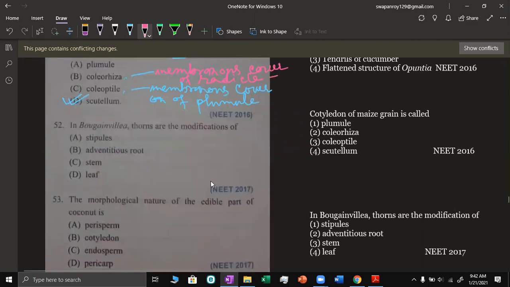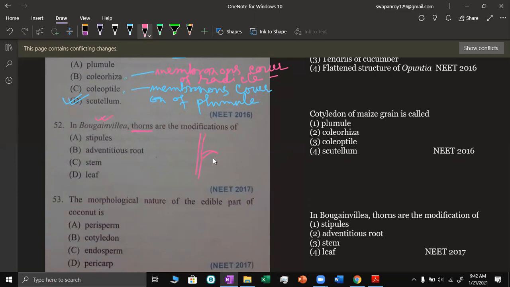Next question. In bougainvillea, the thorns are a modification of, remember, thorns are a modification of stem. Bougainvillea is an ornamental woody climber, and the thorns are slightly curved.